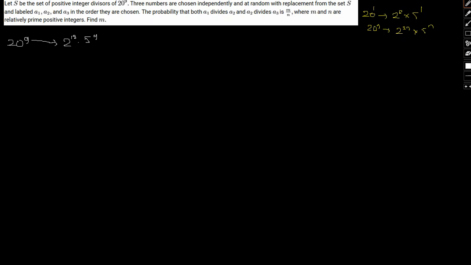Now let us denote the number A1 as 2 to the power B1 into 5 to the power C1, A2 as 2 to the power B2 and 5 to the power C2, and finally A3 as 2 to the power B3 and 5 to the power C3.